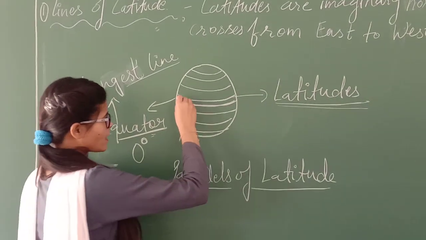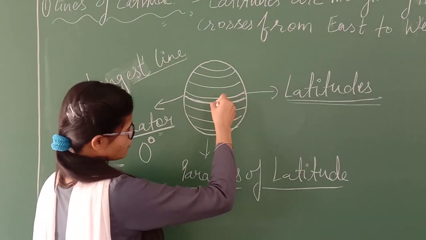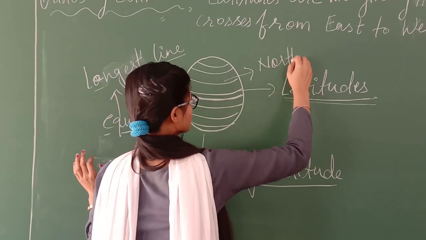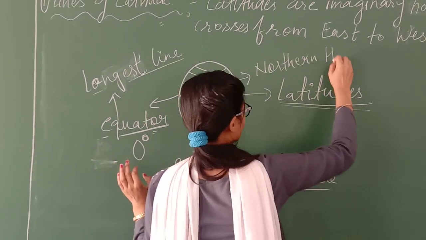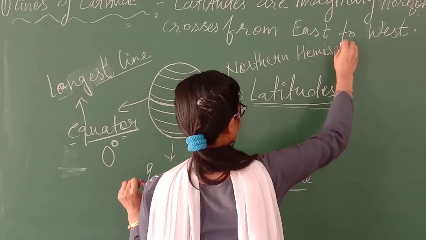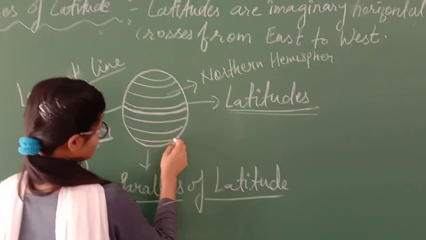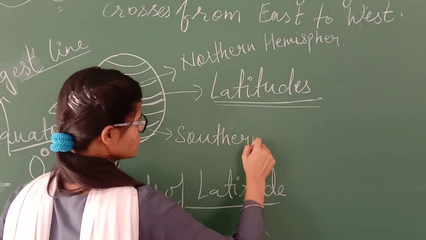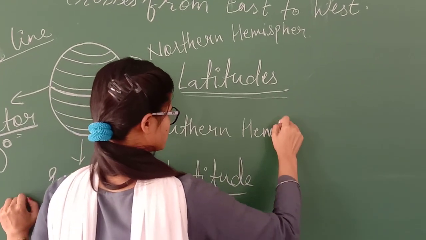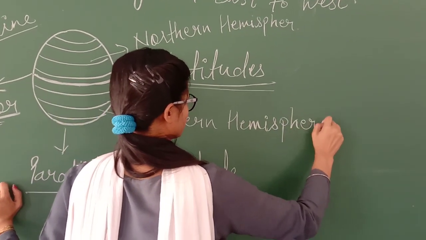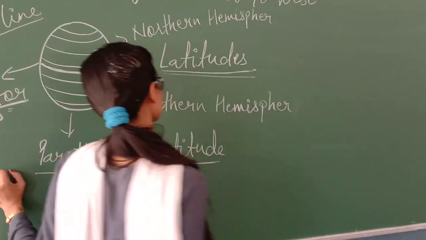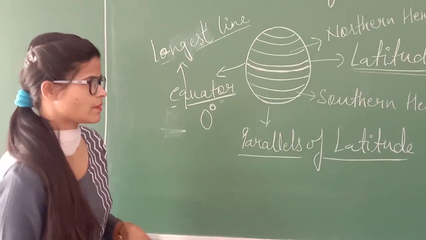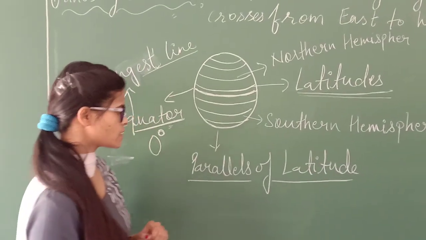It divides the earth into two equal parts: this part we call the northern hemisphere, and the south part we call the southern hemisphere. So the equator divides the earth into two equal hemispheres, the northern hemisphere and the southern hemisphere.